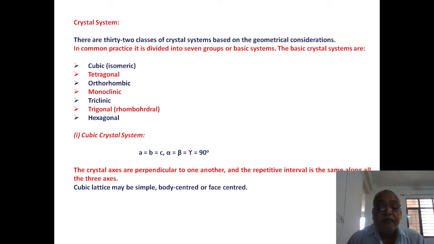Cubic lattice may be simple, body centered or face centered. ये सिंपल, बॉडी सेंटर्ड एंड फेस सेंटर्ड नेक्स्ट क्लास में हम बताएंगे क्या होता है. अभी से ये जान जाइए क्यूबिक लेटिस 3 तरह के कॉम्बिनेशन में पाया जा सकता है.